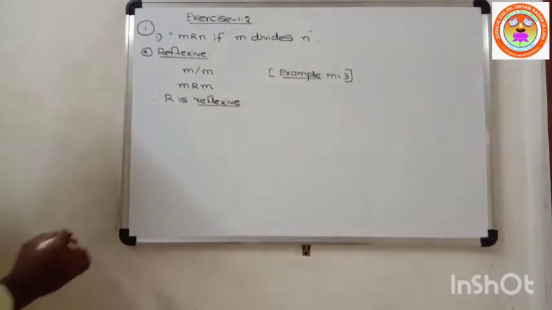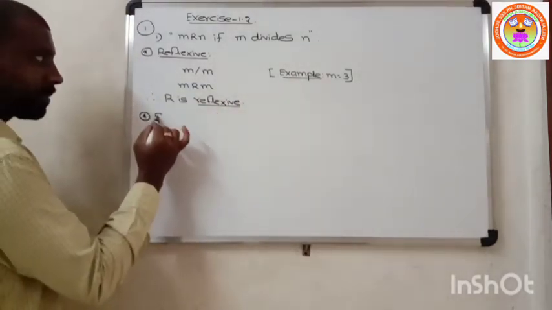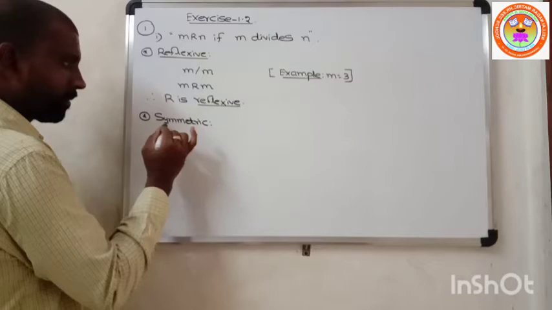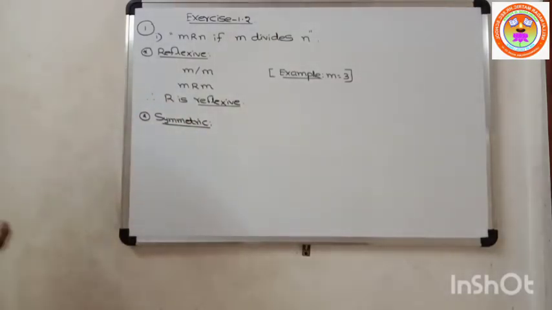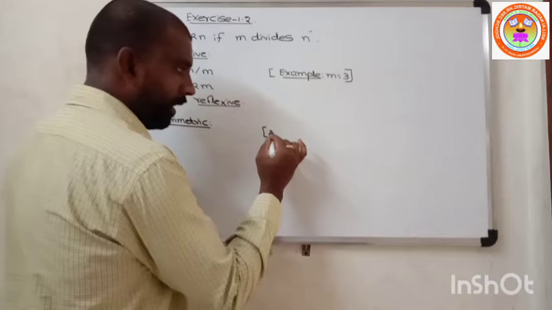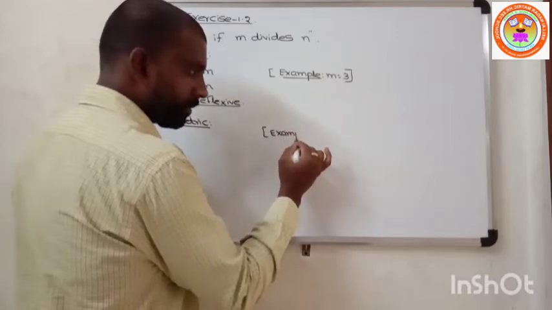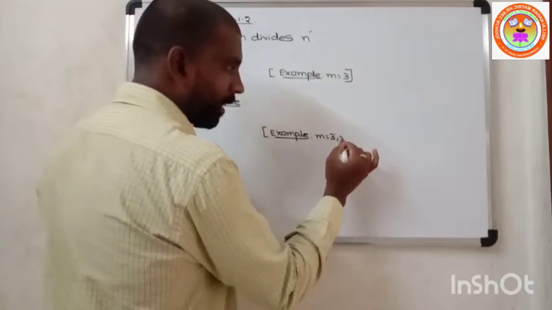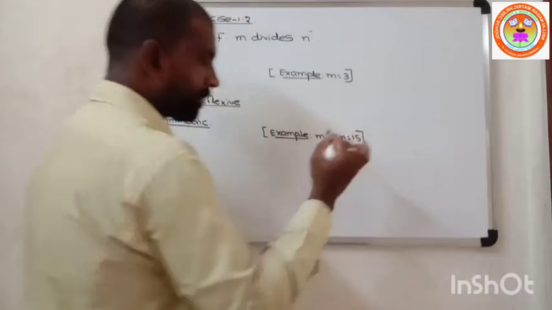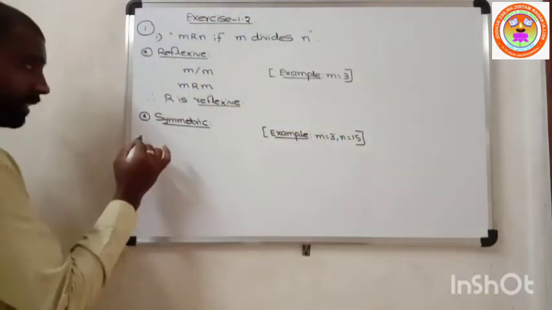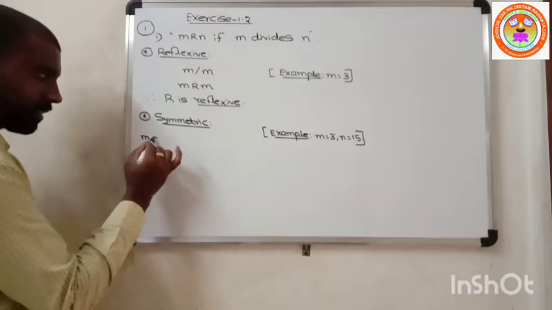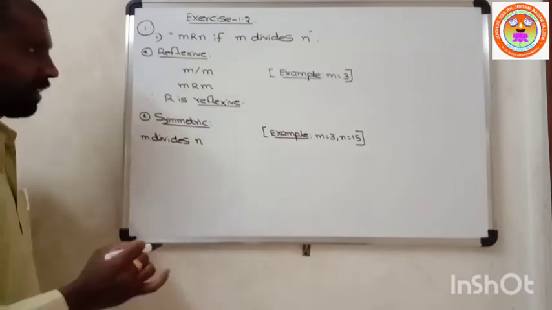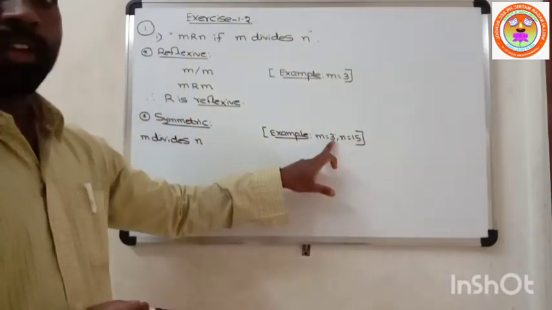Second one, symmetry. Symmetry, you take two values. Example, m equal to 3, n equal to 15. So m divides n, 15 divided by 3 is 5.